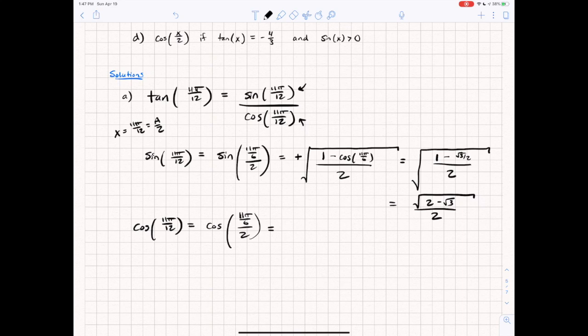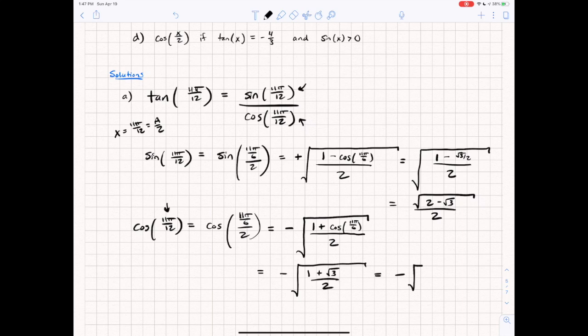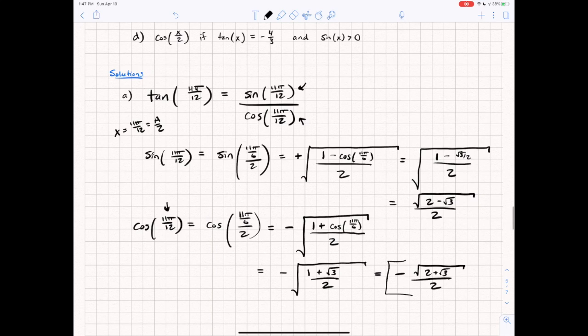Because I'm looking at 11 pi over 12, which is in quadrant 2, this answer is going to be negative, and it will be square root of 1 plus cosine of 11 pi over 6 all over 2, which is equal to negative square root of 1 plus radical 3 over 2 all over 2, or negative root 2 plus root 3 all over 2. So this is my answer for cosine.